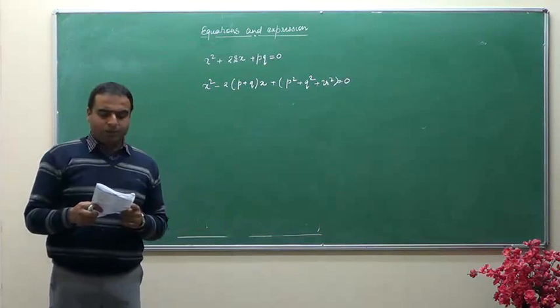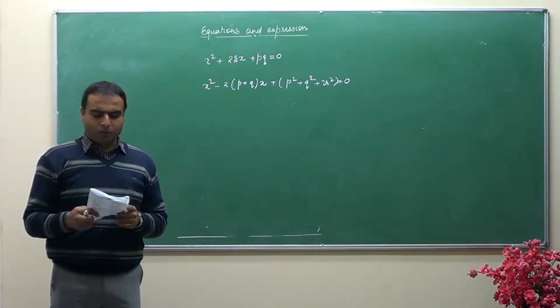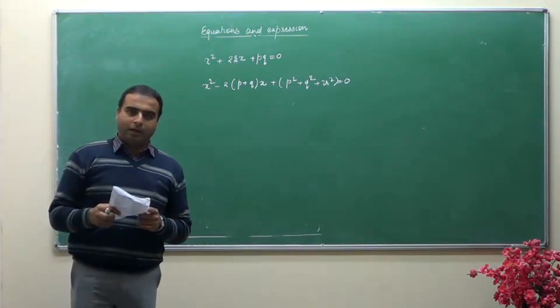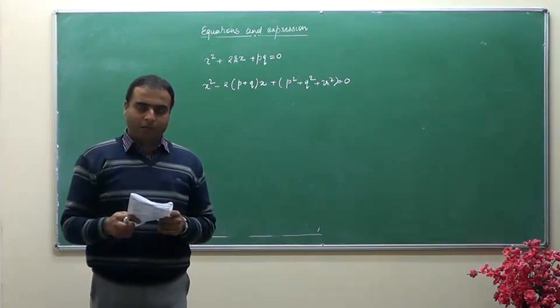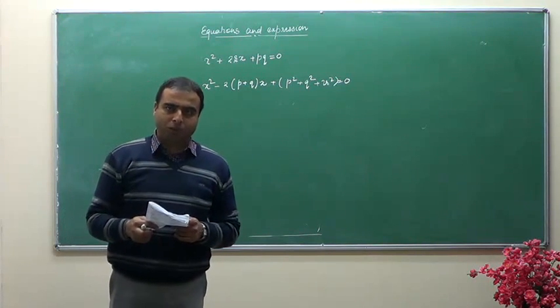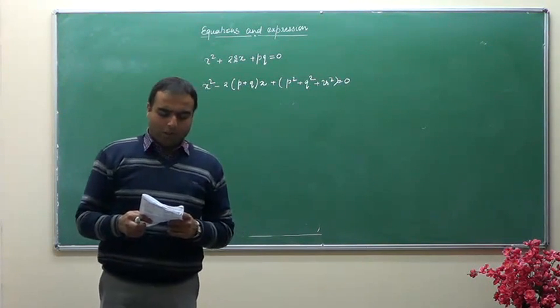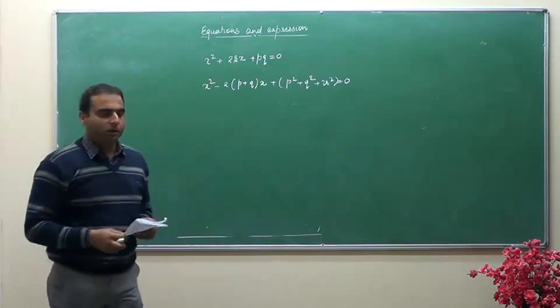So the question is, if the roots of x square plus 2rx plus pq equal to 0 are real and unequal, then those of x square minus 2(p plus q)x plus p square plus q square plus 2r square equal to 0 are imaginary and vice versa.